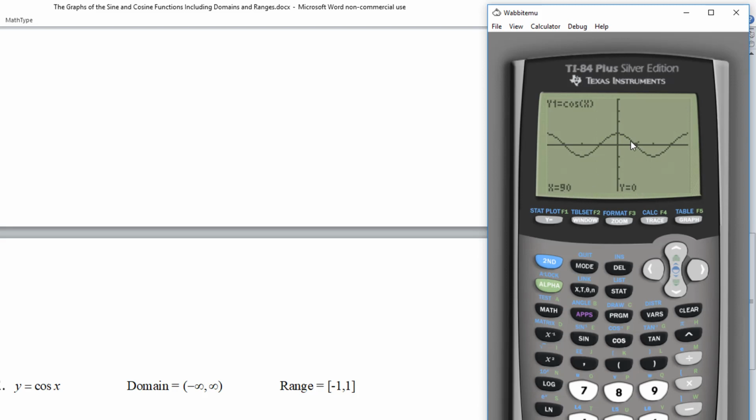That's an x-intercept, or a 0 of the graph. Pi over 2, we get 0, or 90 degrees, we get 0 for the y value. If we continue the trace, at 180, it goes to -1. So over here at 0, it went to 1.